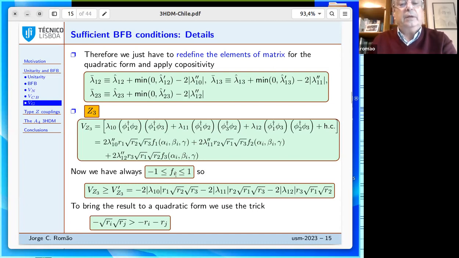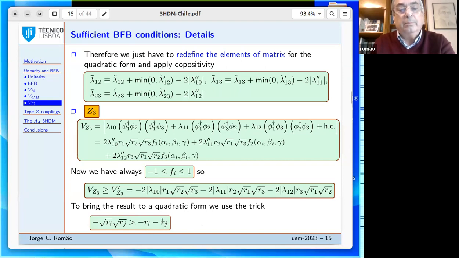And that's, of course, very convenient for our purposes, because you can do a first step, you bound this potentially by this one, which now, of course, has no more the angles alpha I, beta I, and gamma, but has the square roots. For the square roots, you use a trick. You can show that if Ri is bigger than 0, then minus square root of Ri times square root of Rj, which are the terms that appear there, is bigger than minus Ri Rj.